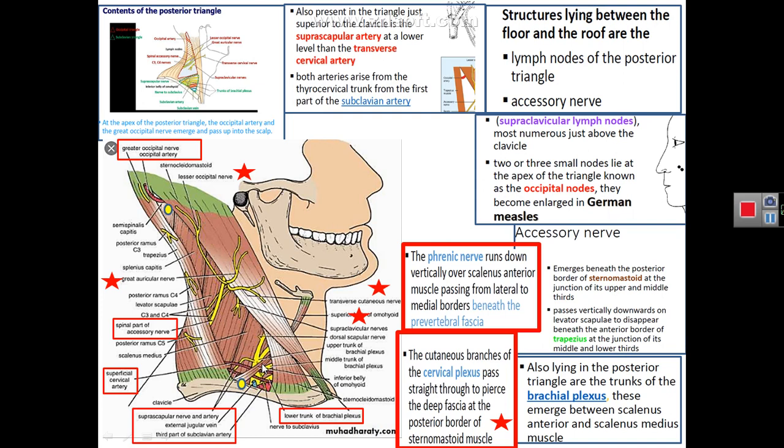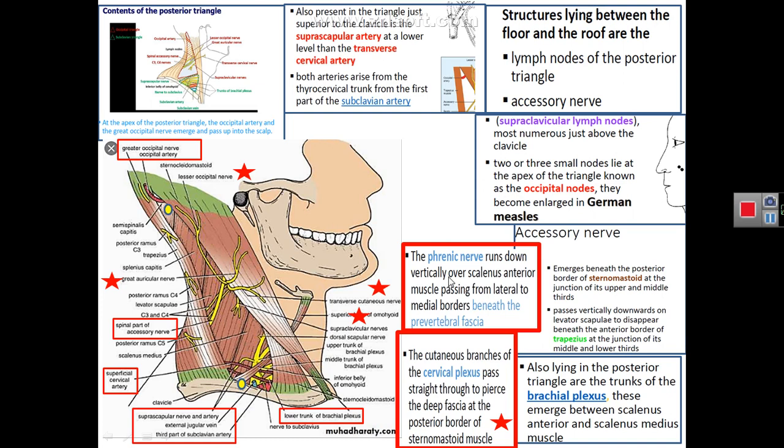The trunks are in the posterior triangle. So the trunks of the brachial plexus are another content of the posterior triangle. The trunks run between scalenus anterior anteriorly and scalenus medius posteriorly, together with the subclavian artery. The subclavian artery is also related, like the brachial plexus, anteriorly to scalenus medius and posterior to scalenus anterior.